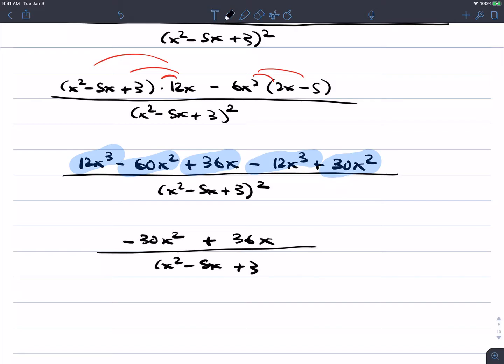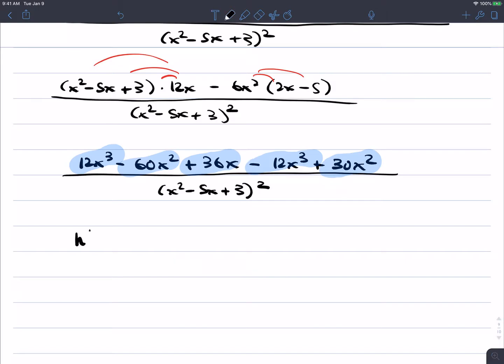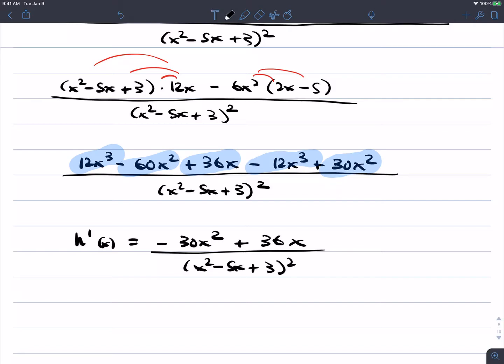And don't forget that that is actually squared here. So we don't have to actually square this. Let's rewrite this here. We don't have to square our answer. So h prime x will be minus 30x squared plus 36x, everything over x squared minus 5x plus 3 squared.